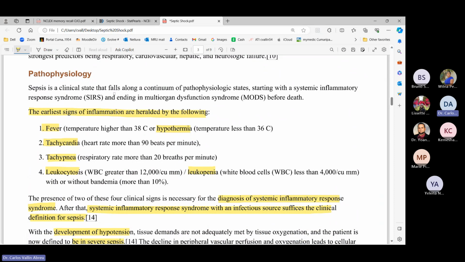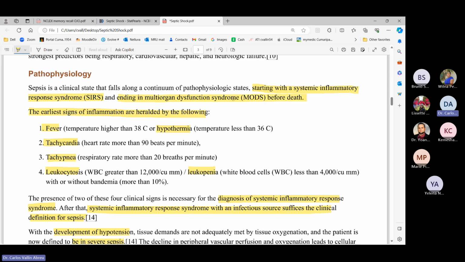Sepsis is a clinical state that falls along a continuum of pathophysiological states, starting with systemic inflammatory response syndrome. Look at this term, because on your NCLEX this term can be mentioned. Systemic inflammatory response syndrome, SIRS, is used frequently and sometimes interchangeably with the term septic shock, and it ends in multi-organ dysfunction syndrome, MODS.